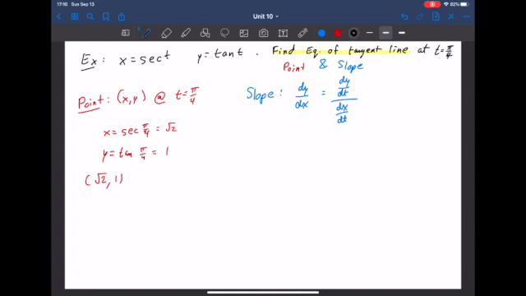Now, I still need to find dx/dt, which is the derivative of secant, secant tan. And dy/dt, the derivative of tan, is secant squared. So the equation for dy/dx is secant squared over secant tan.